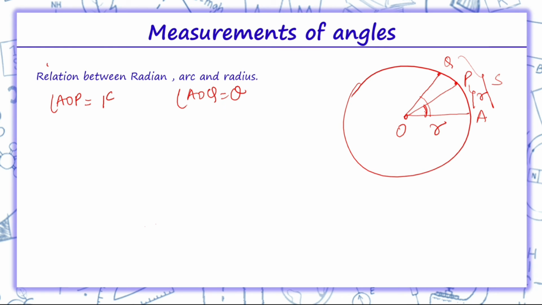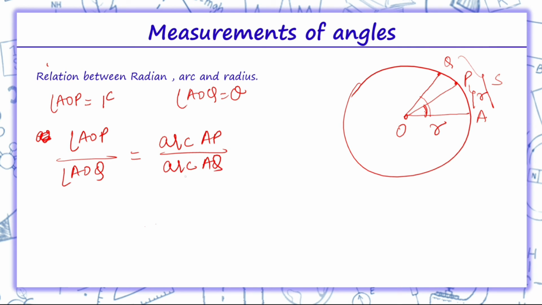Again, with the same concept, angles at the center of a circle are proportional to the arcs subtending them. So we write angle AOP upon angle AOQ is equal to arc AP by arc AQ.